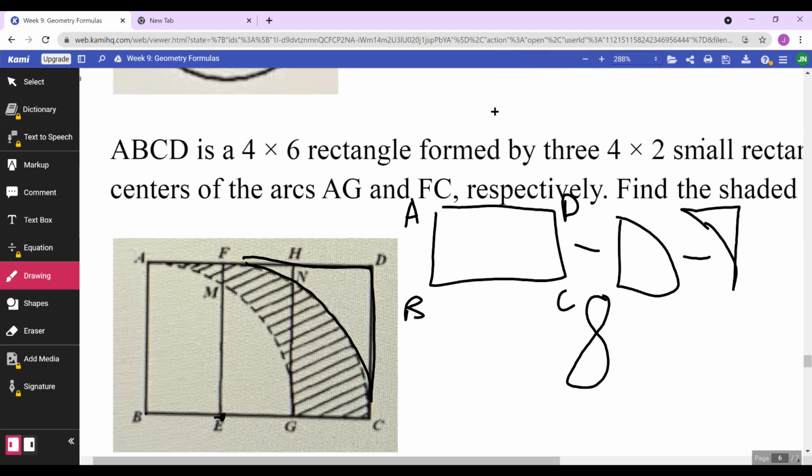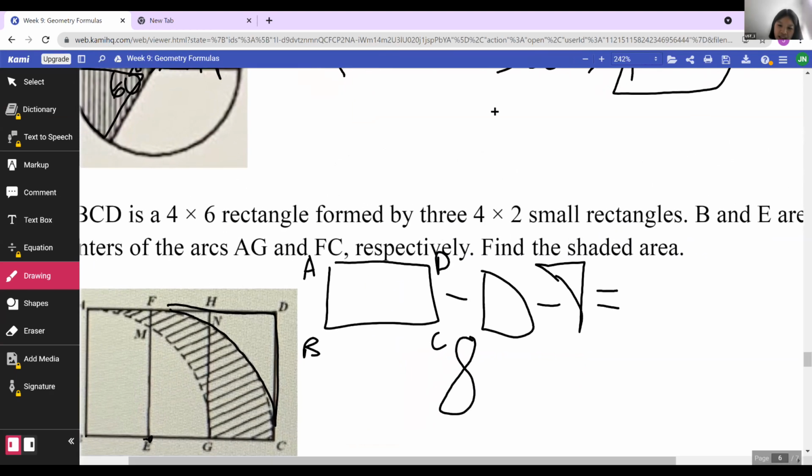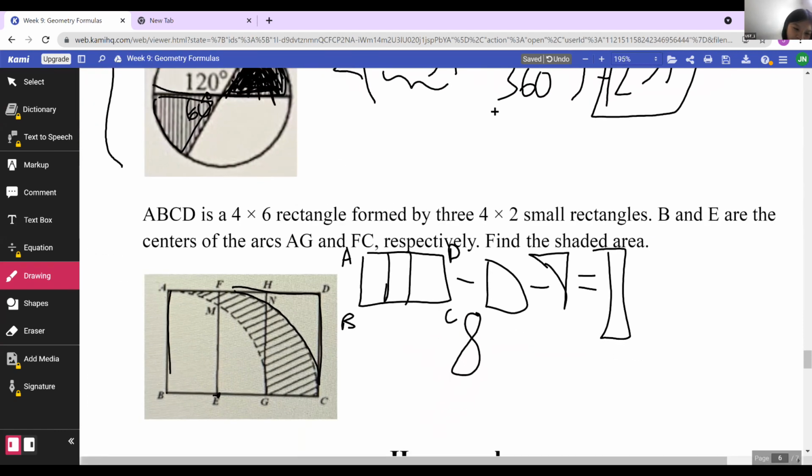Yeah, that's right. So actually that would equal the area of one of these long rectangles, because the whole rectangle is 3 of these long rectangles, and this plus this is 2 of these rectangles.